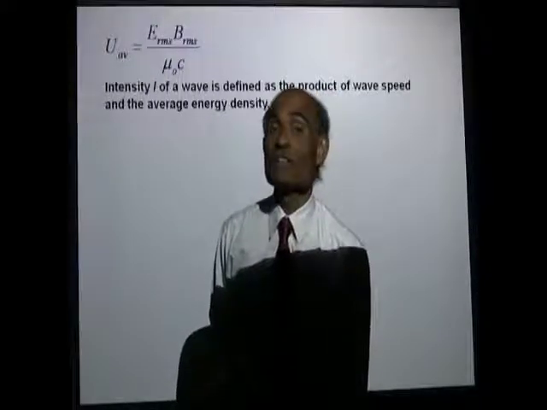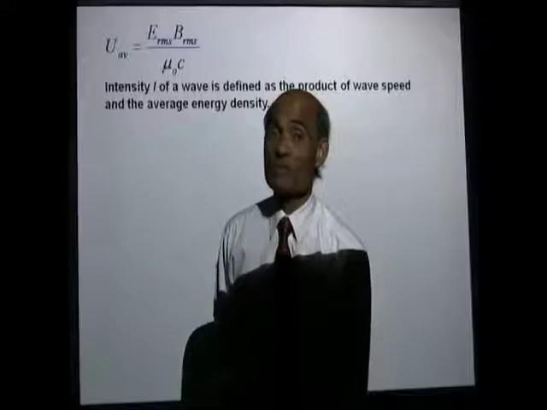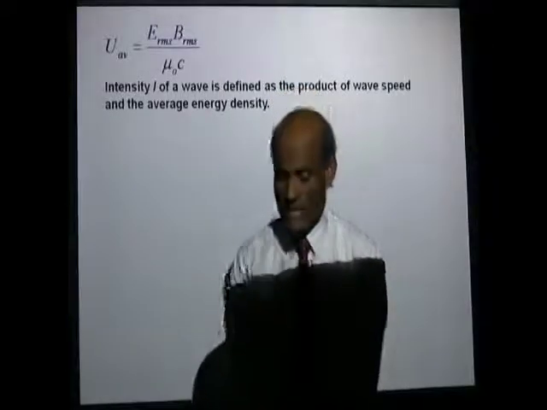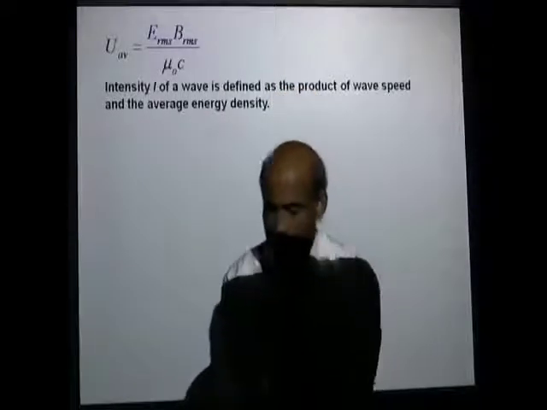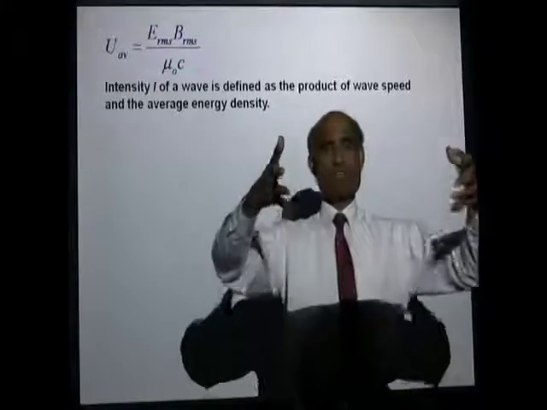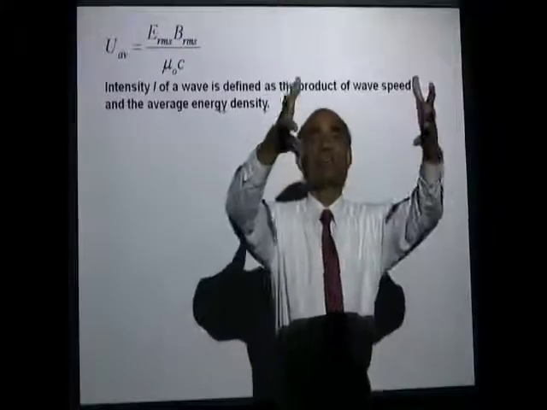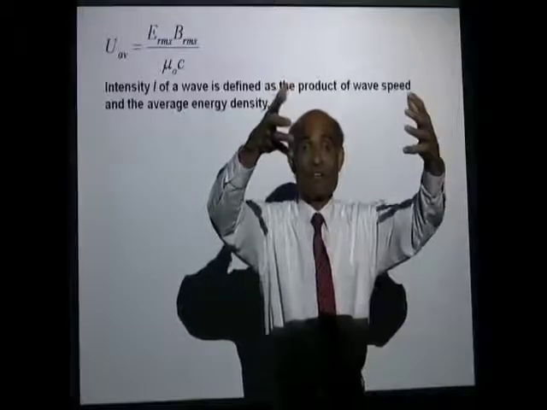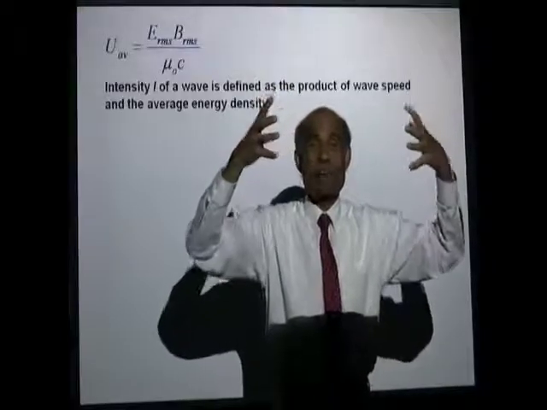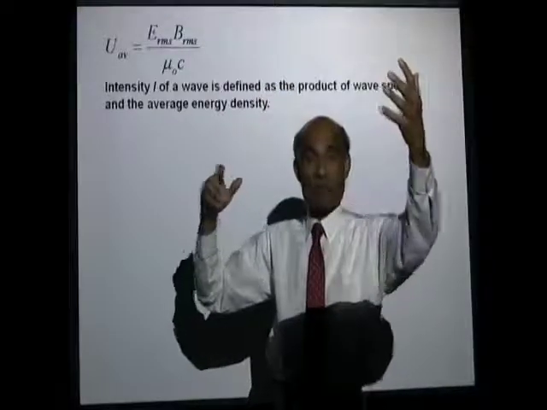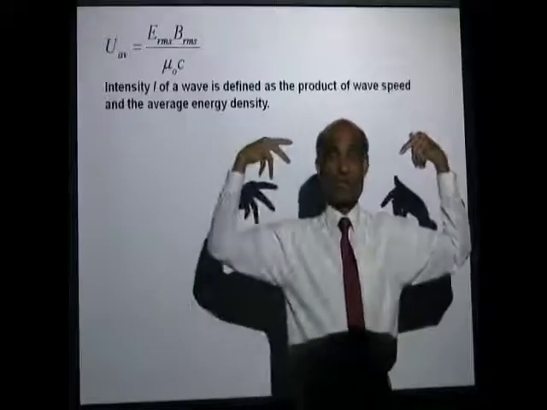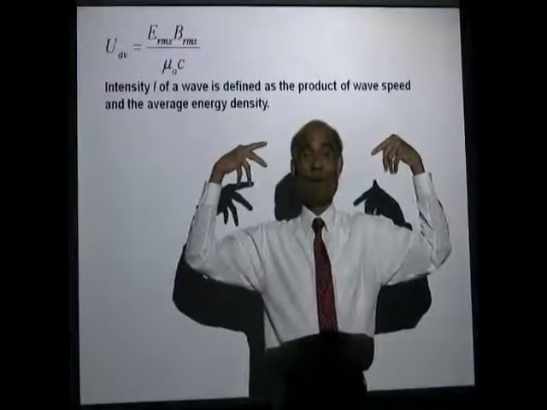We talked about intensity in connection with our discussion on waves. Now, if there is a radiation that is emitted, for example, I'm standing in front of a projector and the light that is falling on me is from the lamp of the projector. That's why you see my shadow on the board.